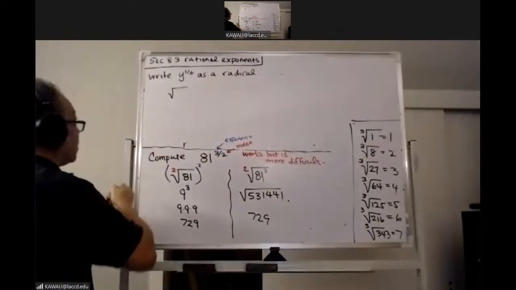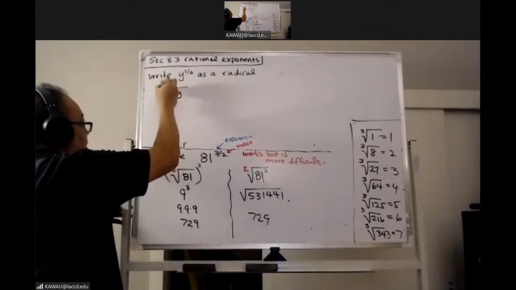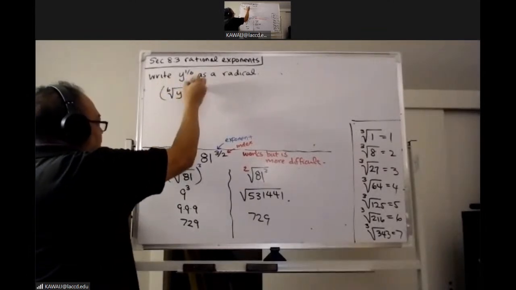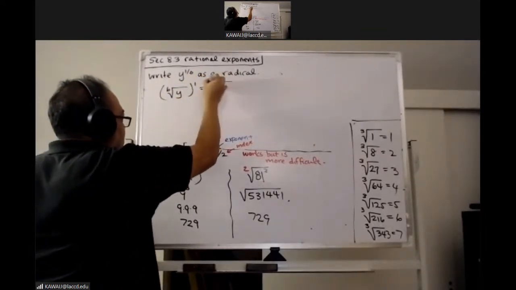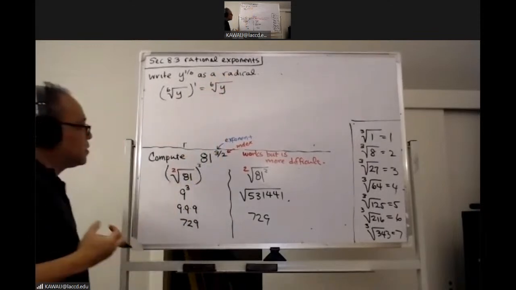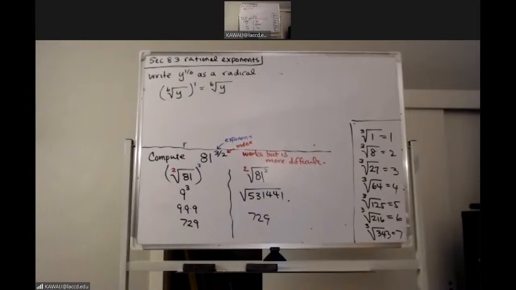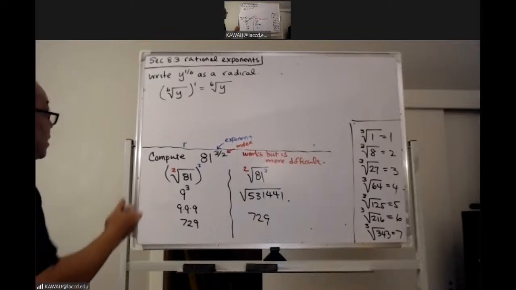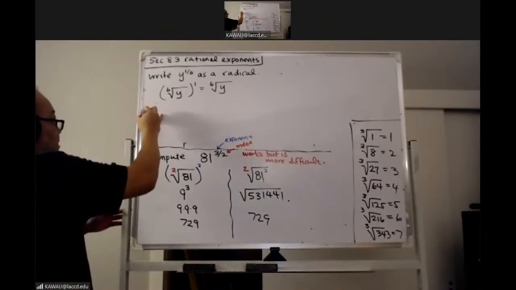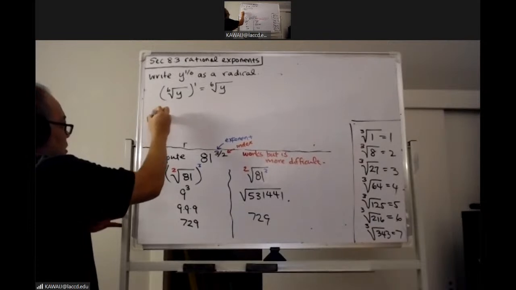Okay. So you'll go y to the 1/6, which is equal to the 6th root of y. Okay. So that's one question. And then they'll ask you to go backwards.